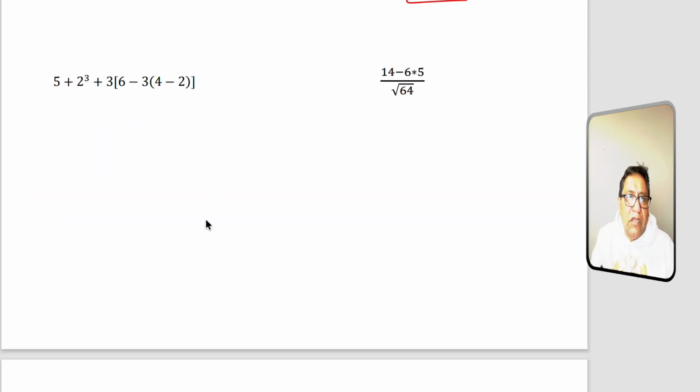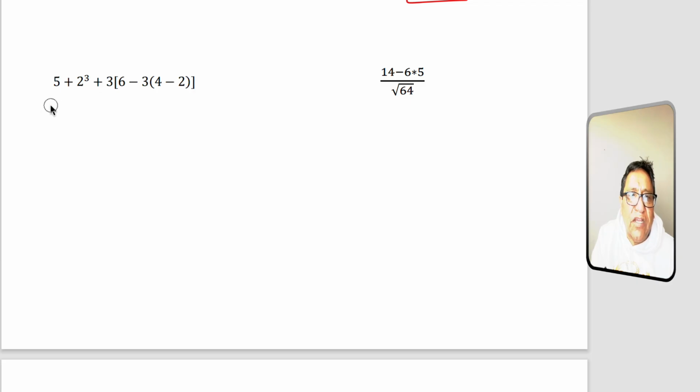So I have a couple more operations that we have to solve. We have a parenthesis right here, and we have brackets right here. It looks complicated, but it's not, because we have to follow the order of operations. First, we need to do the parenthesis.